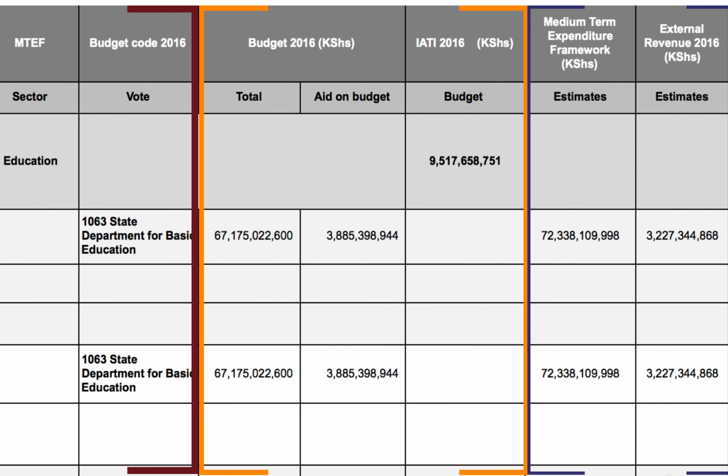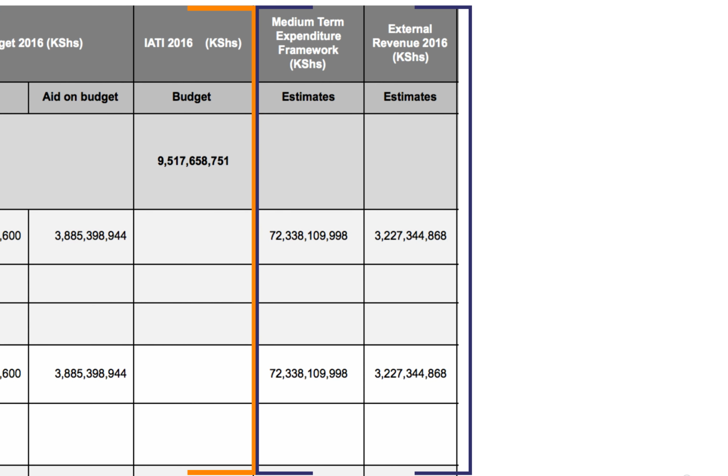You can now compare data from both national and international sources on current spending, both on and off budget. And finally, you can align that information with future government spending plans and donor commitments.